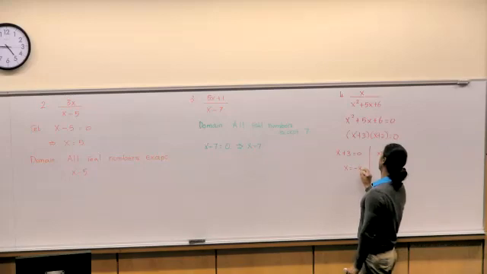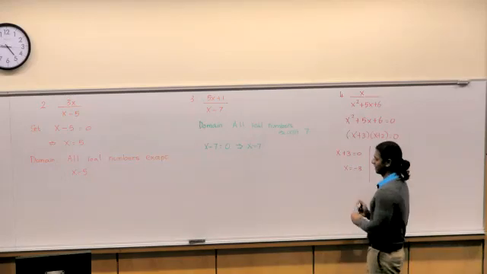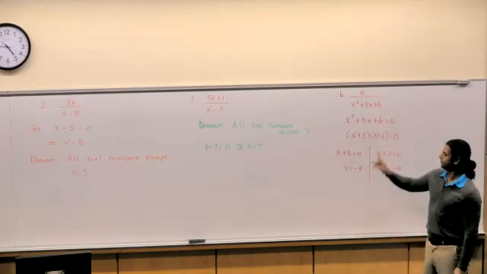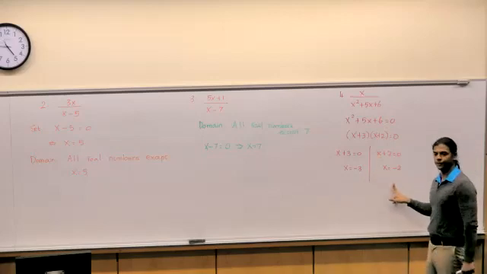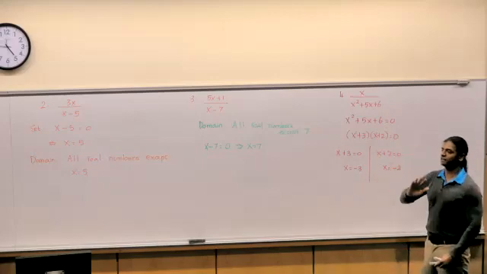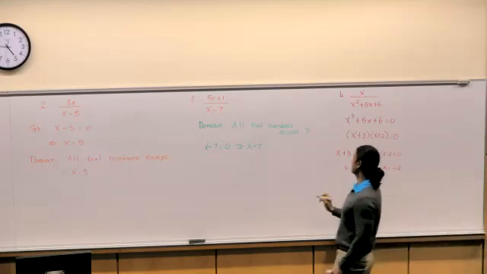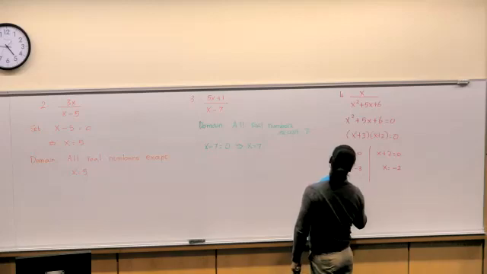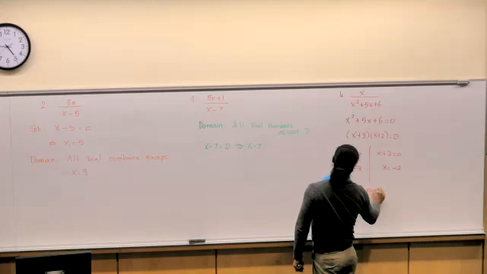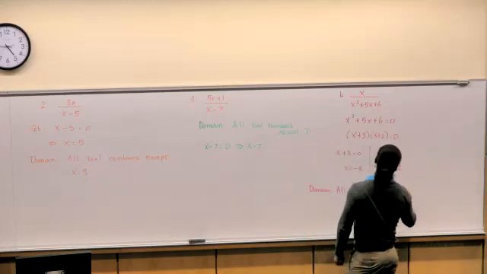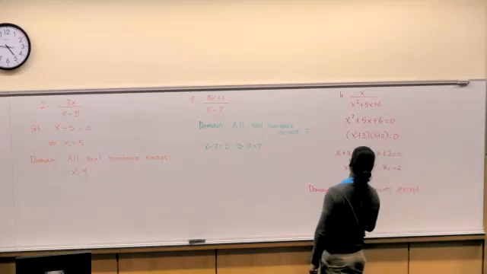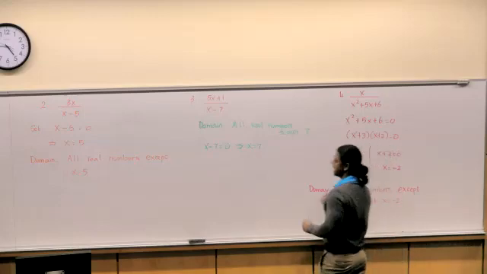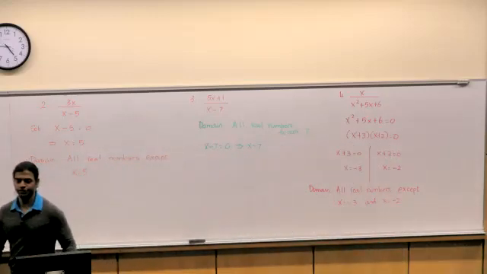So x is minus 3 and x is minus 2. So what two values would make the denominator 0? Negative 3 and negative 2. So those two values must be excluded from the domain. So the domain is all real numbers except x is equal to negative 3 and x is equal to negative 2.